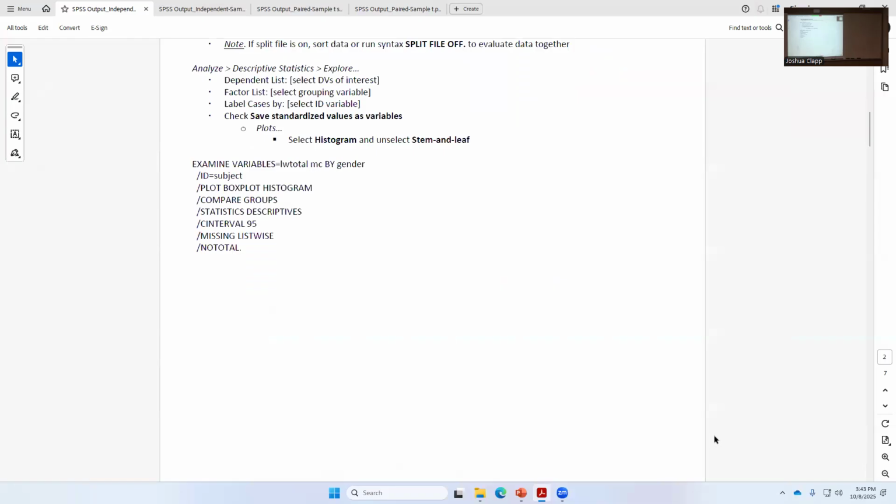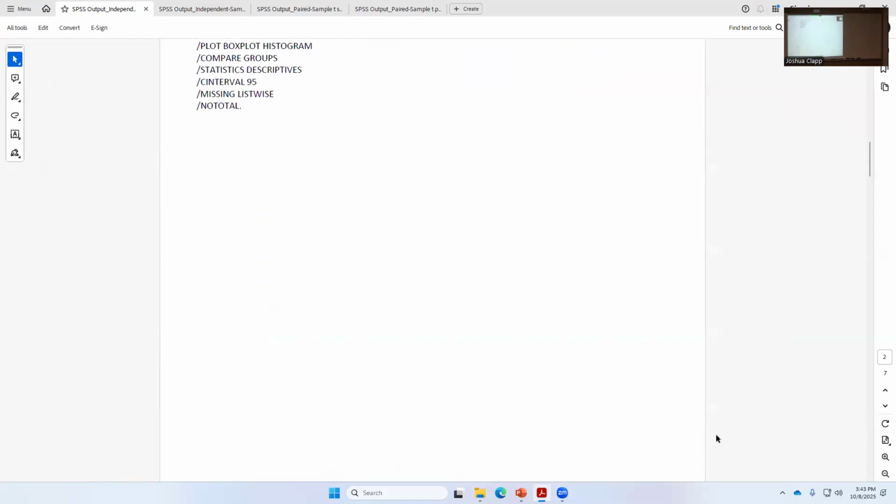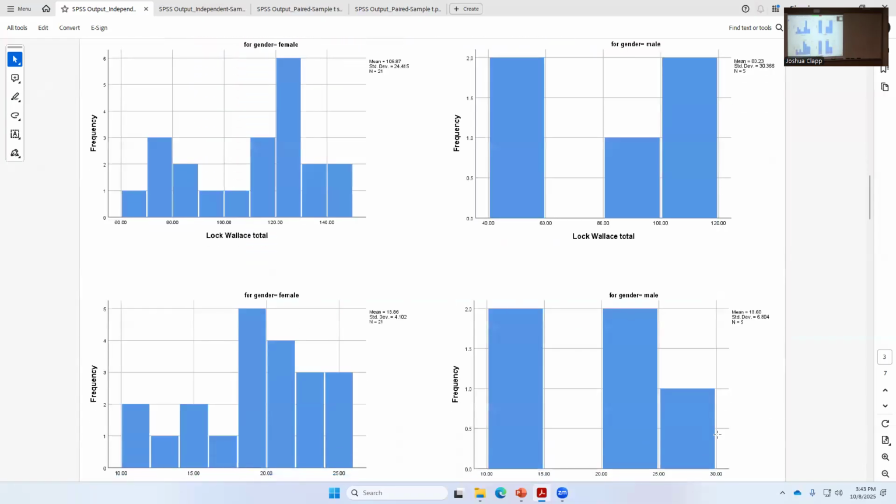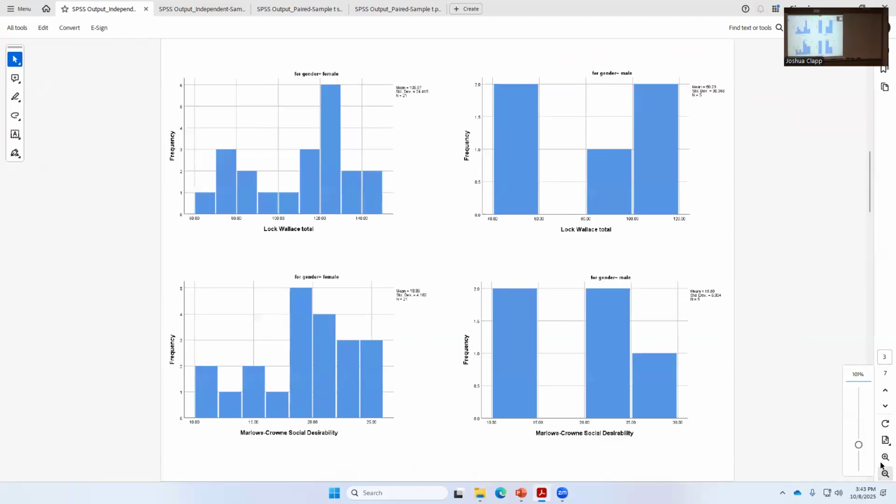So what we're going to do now is run some pictures, right? I'm going to get histograms for my Locke-Wallace, my marital satisfaction for men and women, and for my social desirability scores.